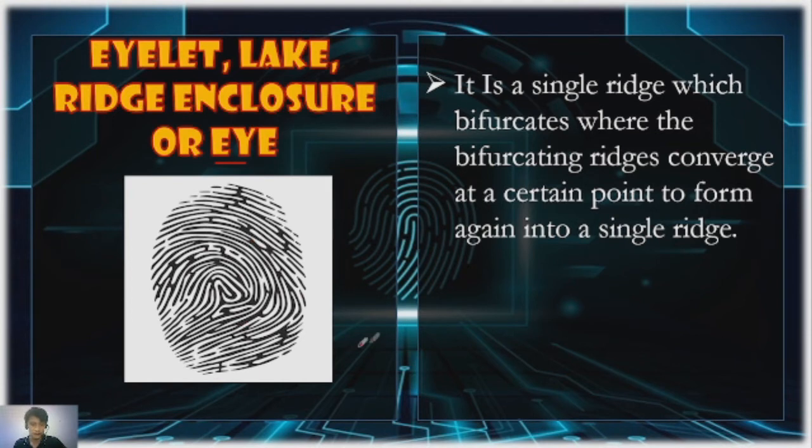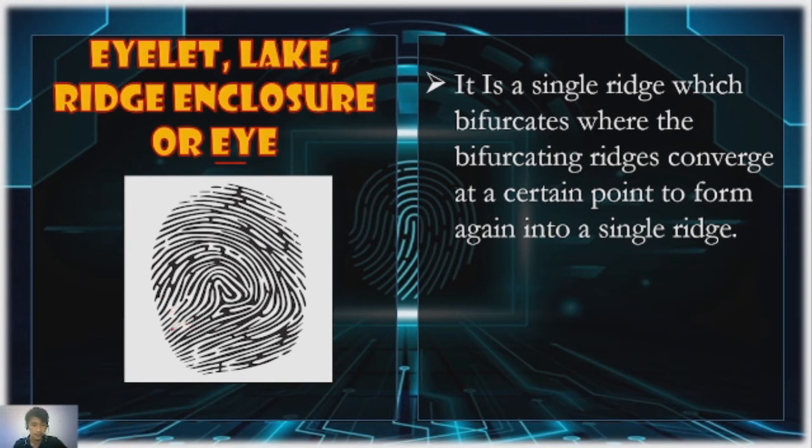So we can see some eyelet, lake, ridge enclosure, or eye in here by taking this as an example. We have here a single or double ridge. Let's take this part as an example.